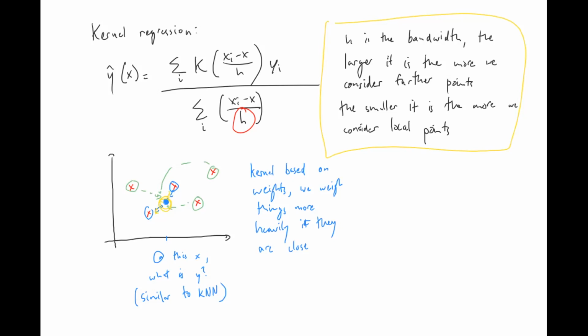If your bandwidth is really large, then whatever criteria that you're using to determine the placement of the point, all of the other points are going to be equally weighted.